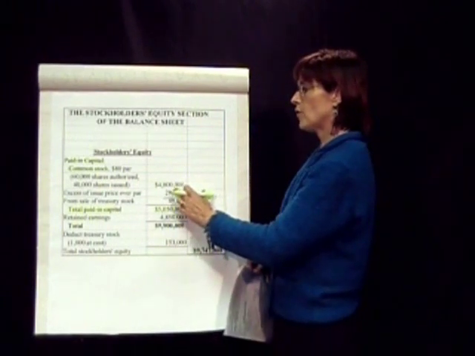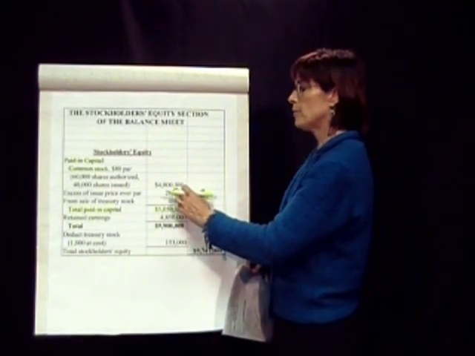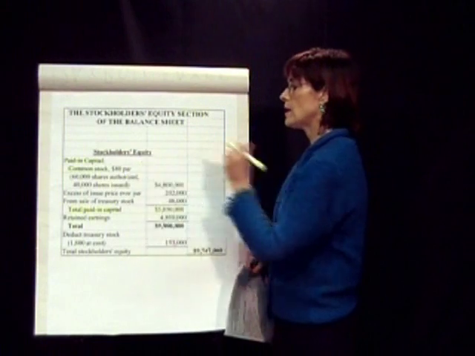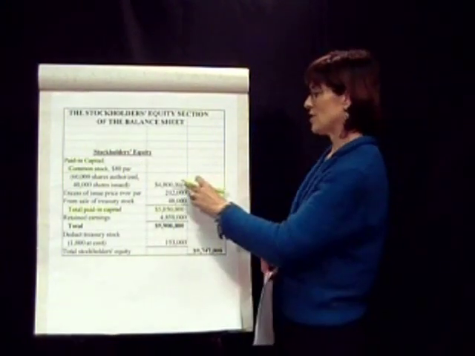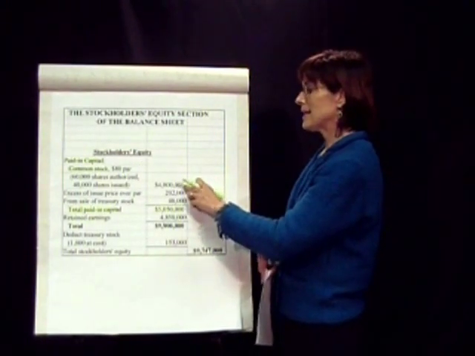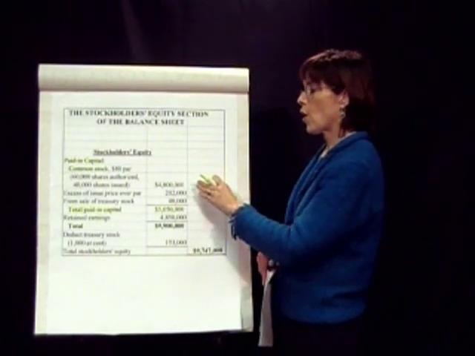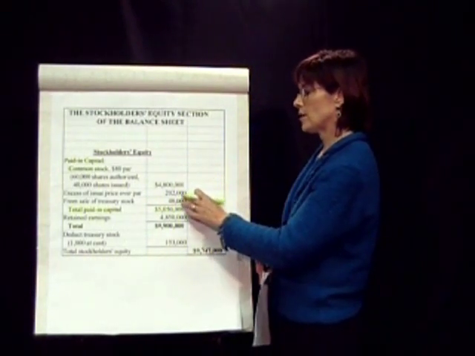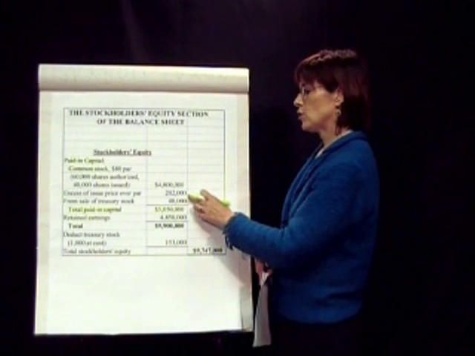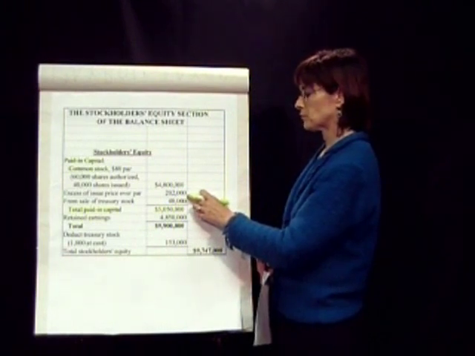The dollar value that you'll find in that common stock account will be the par value times the number of shares issued. So that's where that number comes from. Anything that the stock is sold for over par value, as I mentioned earlier, will go into this next account, excess of issue price over par.